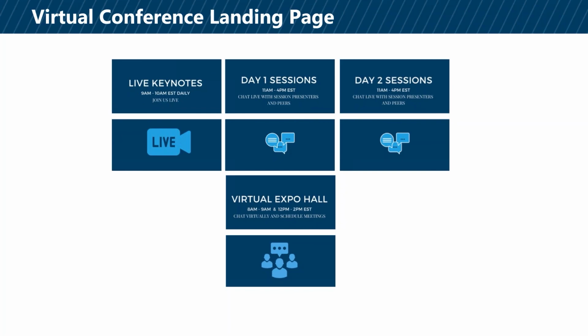A virtual expo hall like we've talked about, we'd want to put on that landing page so that they can always get access to the expo hall. And these can be created, again, by you in the CourseAge LMS, or our managed services team can help produce these pages and create these conferences for you in the system.